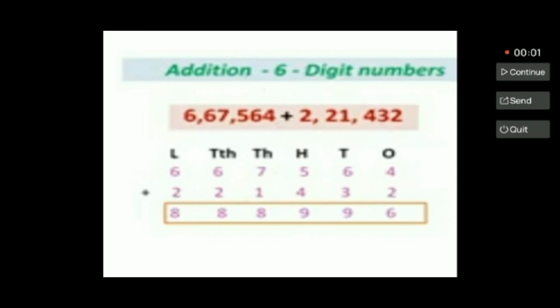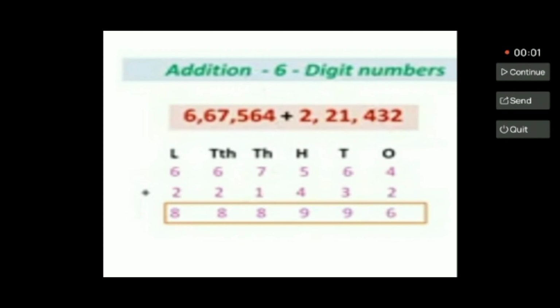Okay students, now start addition from ones place. Look at the ones place. 4 plus 2 gives us 6. Then look at the tens place. 6 plus 3 gives us 9. Then hundreds place. 5 plus 4 gives us 9. Then look at the thousands place. 7 plus 1 gives us 8.